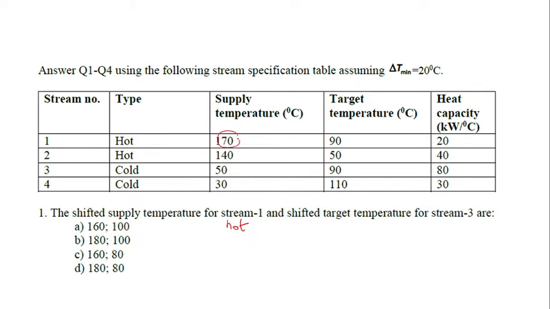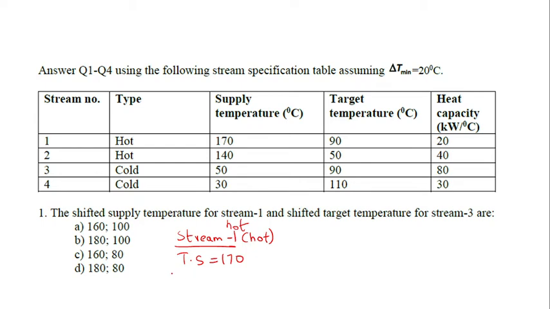This is the actual supply temperature, that is 170. So for stream 1, which is a hot stream, the actual supply temperature is given by Ts, which is equal to 170 Celsius.